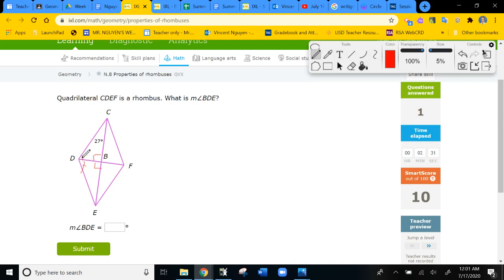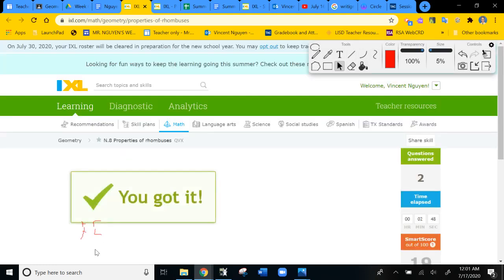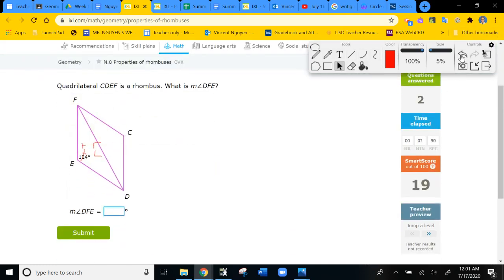So we do 90 minus 27, which gives us 63. I don't trust my mental math sometimes. Let's type in 63. If I'm wrong, then we are wrong. Submit. Yay. Okay. And plus it's late at night, so my brain doesn't function very well.